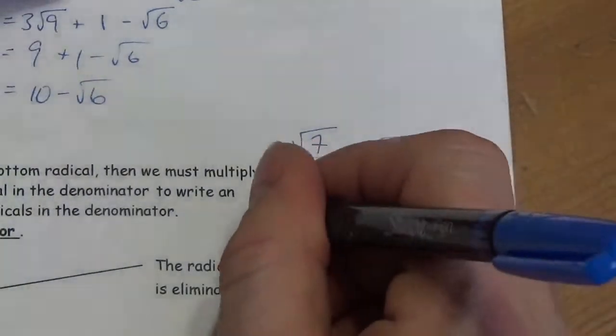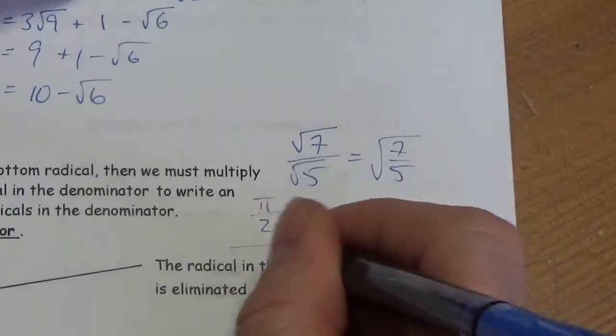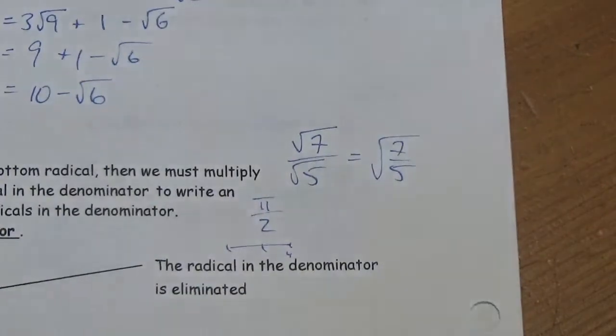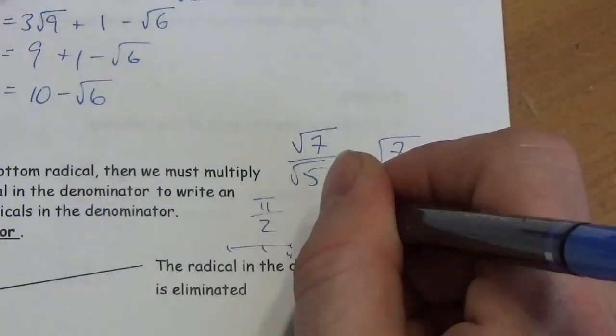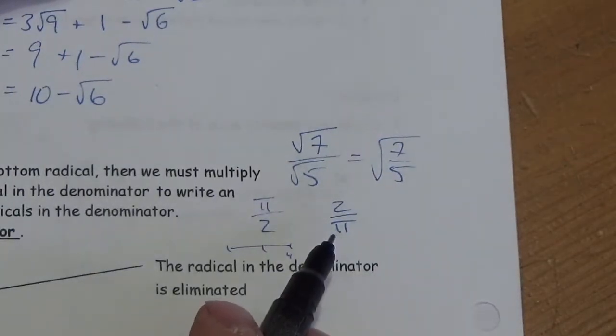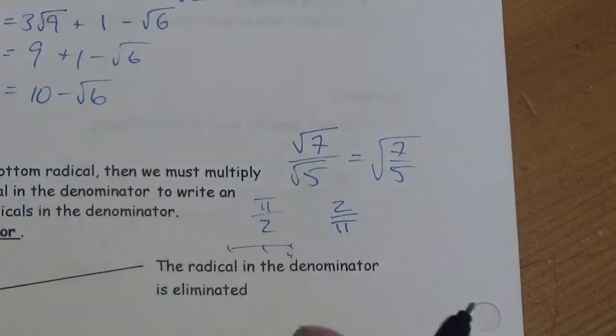I could take pi divided by 2. That makes perfect sense. I could draw a line segment that's pi units long and divide it by 2. That's easy. But what does it mean to take 2 and divide it into pi units? I don't even fully know what pi is. How do I break 2 into pi different pieces? It's a little bit hard to get your head wrapped around.